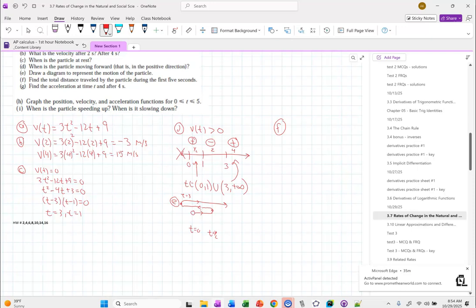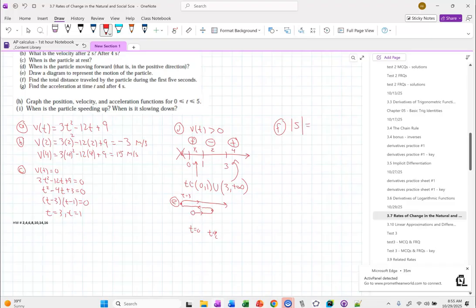It stops and then turns around. If I want total distance, I have to count the distance forward and the distance backwards, right? So, yeah, we're talking about displacement. Good job, physics talk. So really we want the absolute value of S, right?